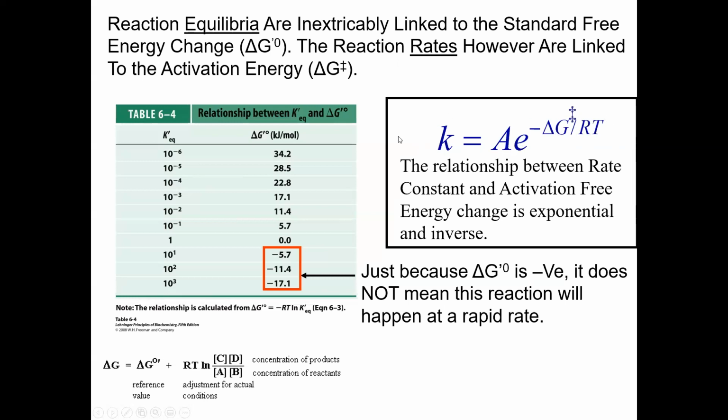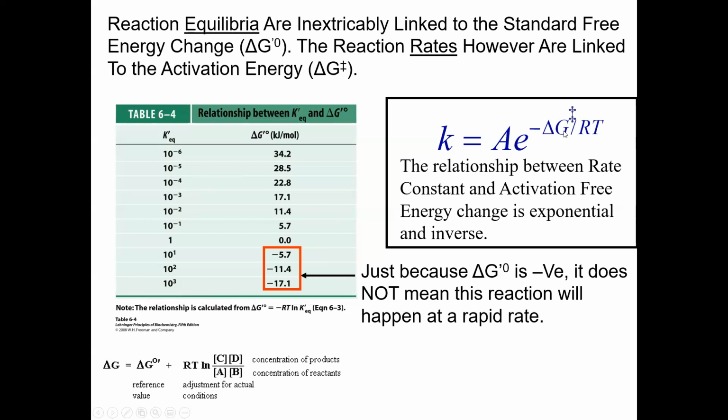This is the relationship that exists between the rate constant and the activation free energy barrier. And you can see that it is an exponential relationship, right? Negative exponential. So that is what determines the rate constant.